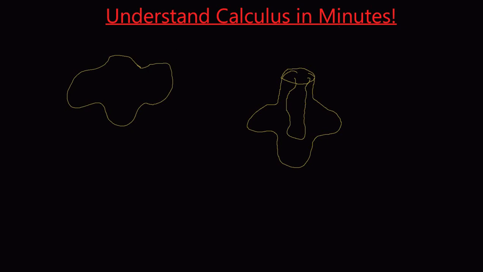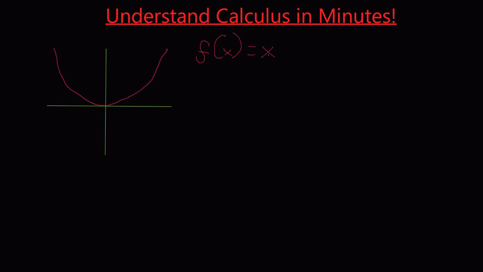So here we go. Let's imagine we have a graph and a function, we'll say this function. This function is not a very well drawn graph. I was never a great artist. This function is f of x equals x squared.